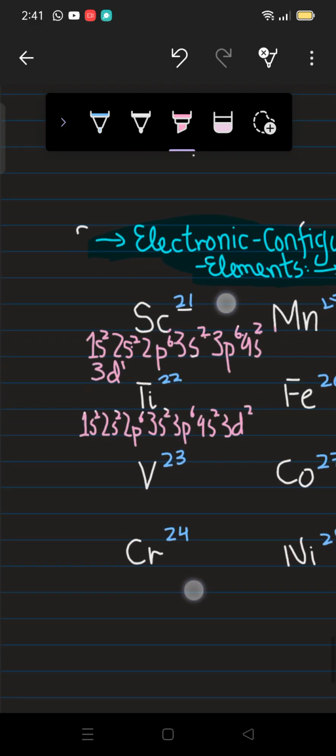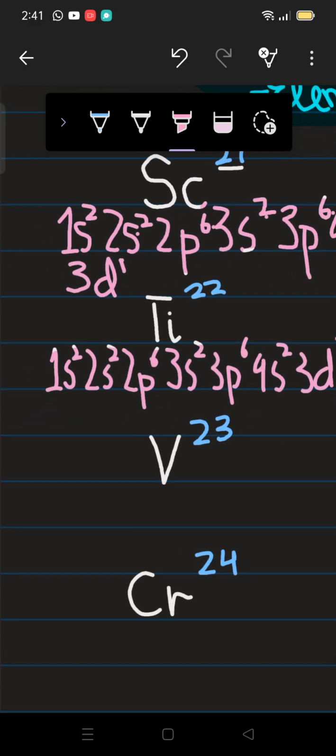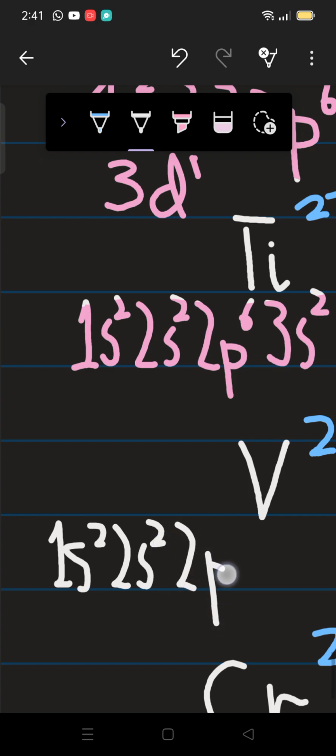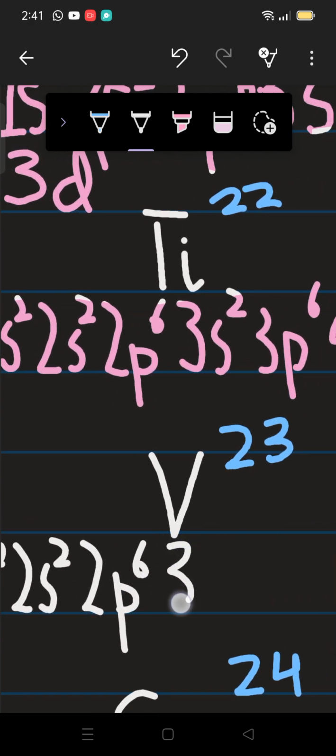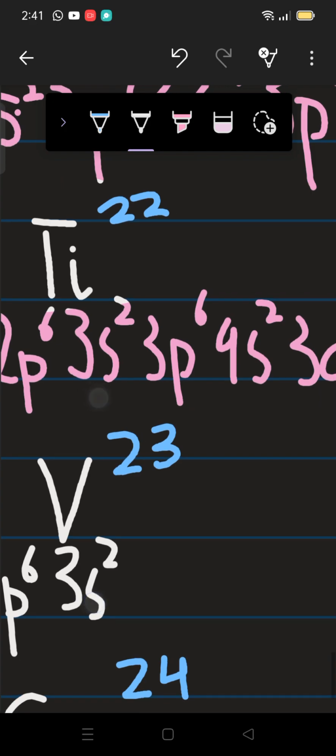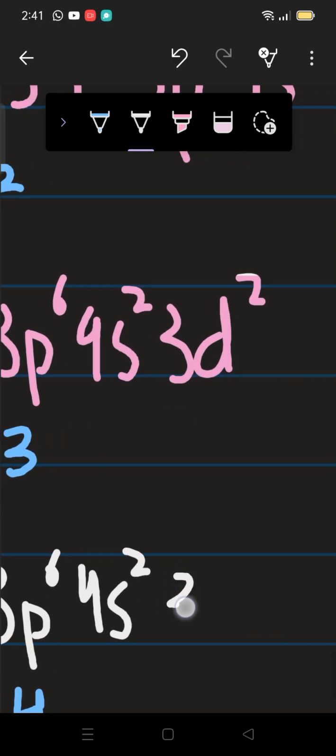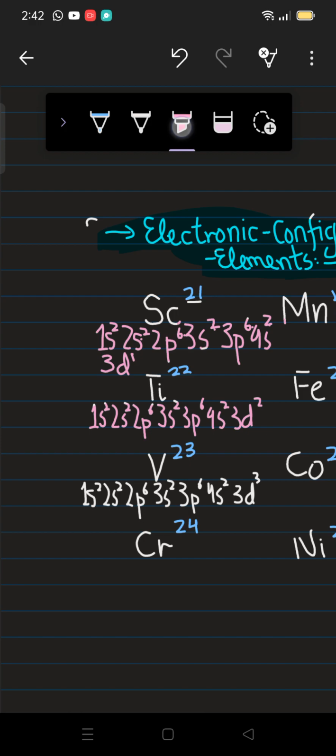Alright, now we are moving towards vanadium. So vanadium 1s2, 2s2, 2p6, 3s2, 3p6, 4s2, 3d3 is the electronic configuration of vanadium.